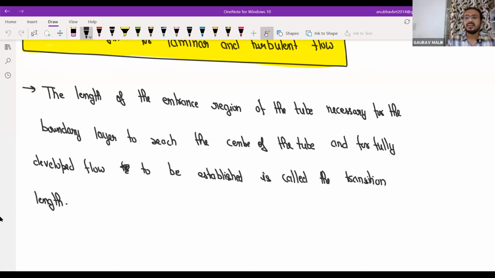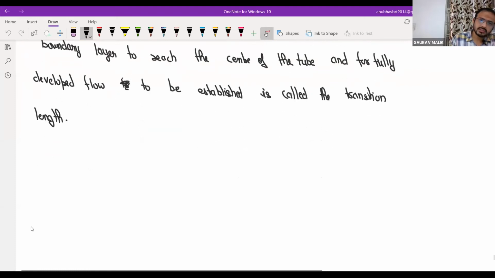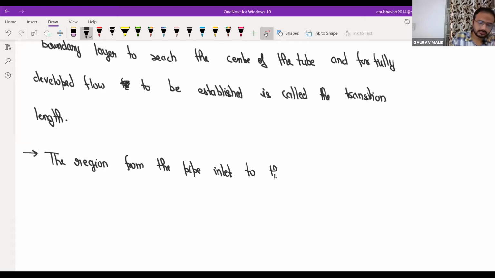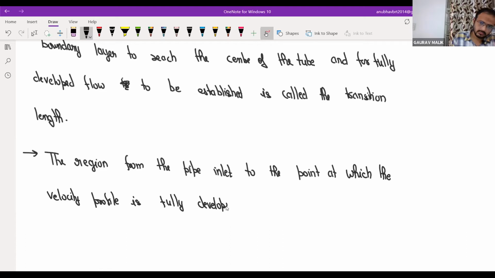And sometimes it is also known as the hydrodynamic entrance, or you can also write it like this: the region from the pipe inlet to the point at which the velocity profile is fully developed is called the hydrodynamic entrance region.